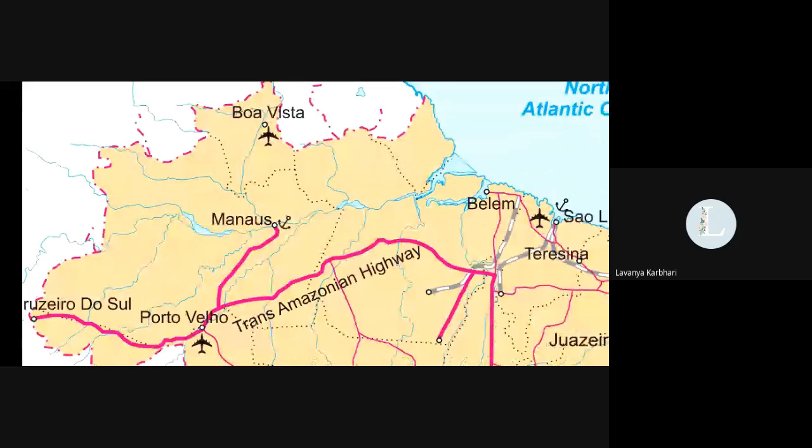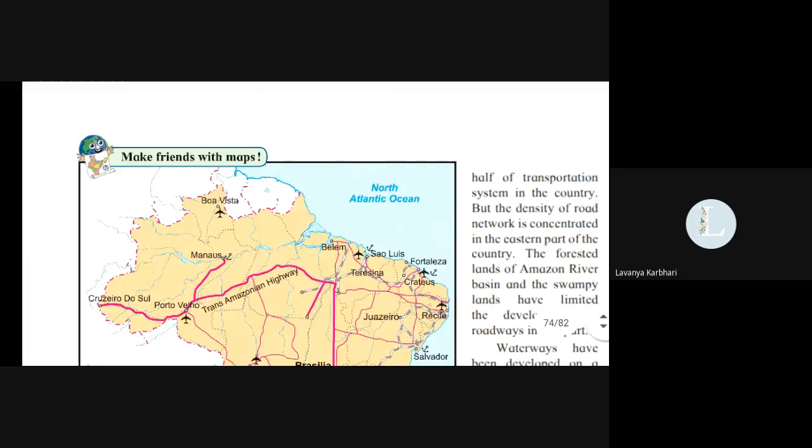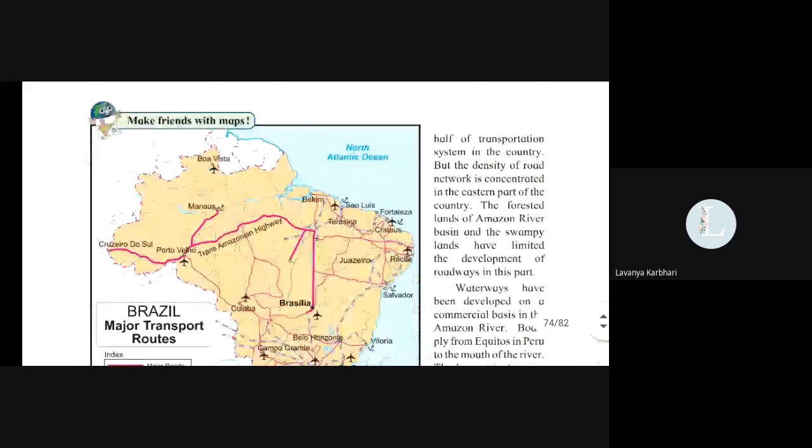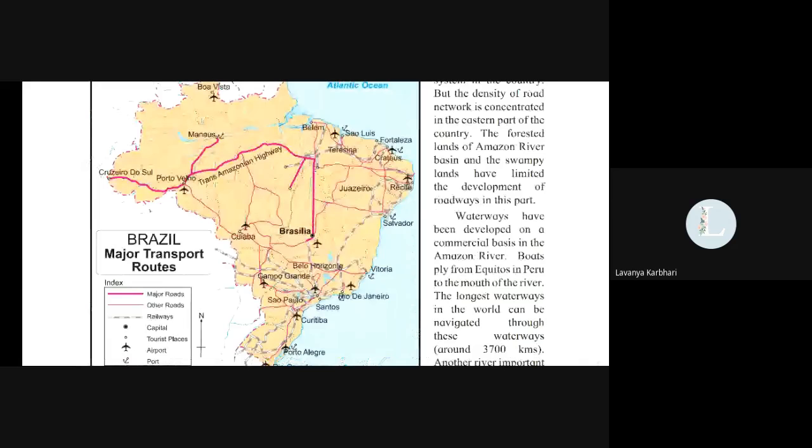We already know it is the Amazon River over there. Okay, so there is a dense rainforest. Also, the mountains are over there. That's why the rail network or airways or roadways are not developed over there. Okay.